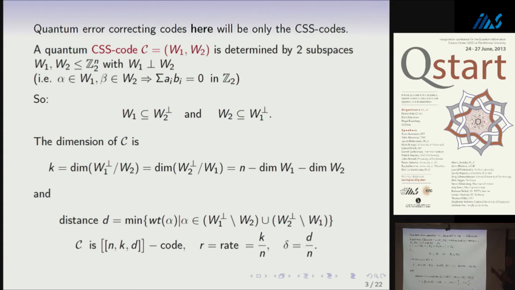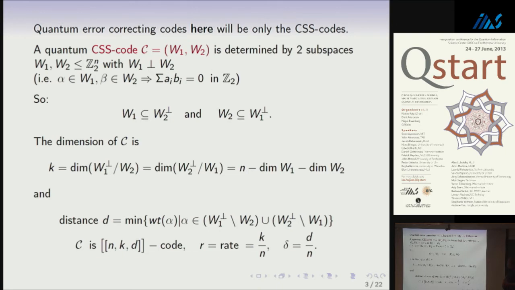Orthogonal when we take two vectors and multiply the inner product, of course, with the mod 2 binary operation. What does it mean? They are orthogonal to each other. It means that W1 is inside W2 perp, the perpendicular to W2, and W2 is in W1 perp.